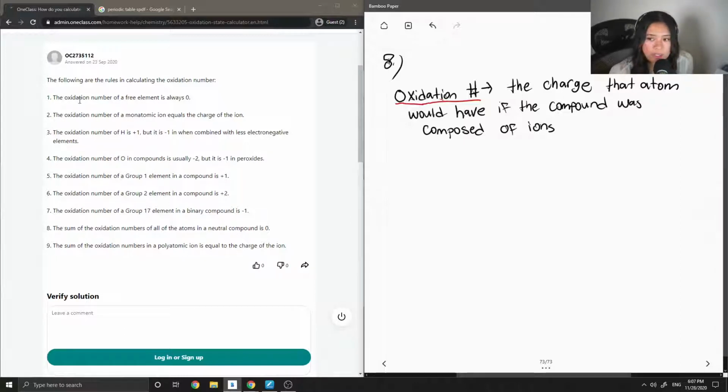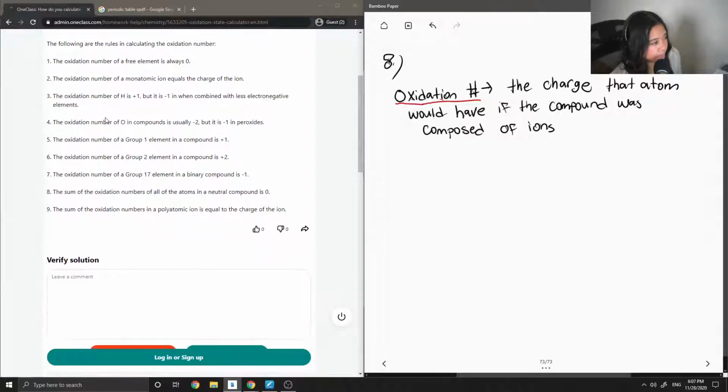So if hydrogen was a hydride. Oxidation number of oxygen in compounds is usually -2, but it is -1 in peroxides. Oxidation number of a group 1 element in a compound is +1. Oxidation number of a group 2 element in a compound is +2. And same with group 3 elements as well.